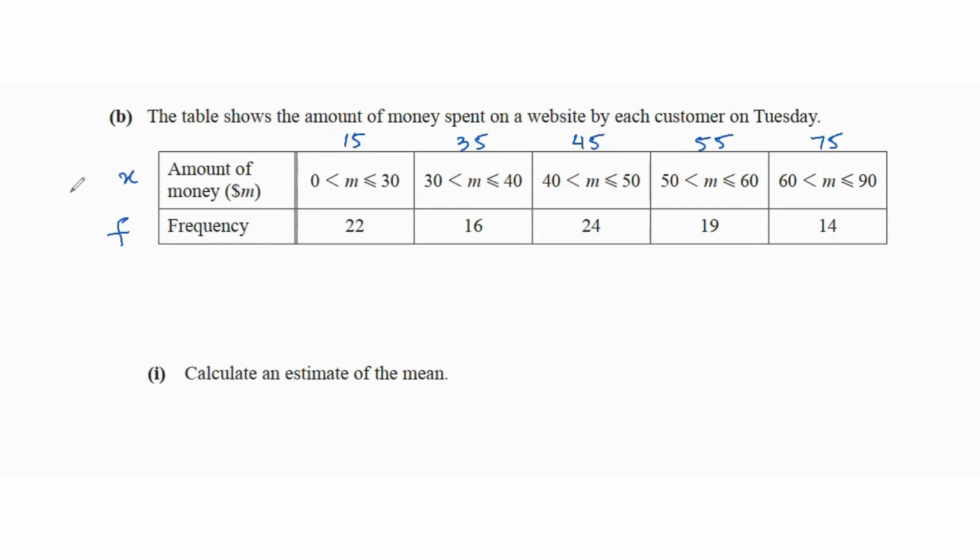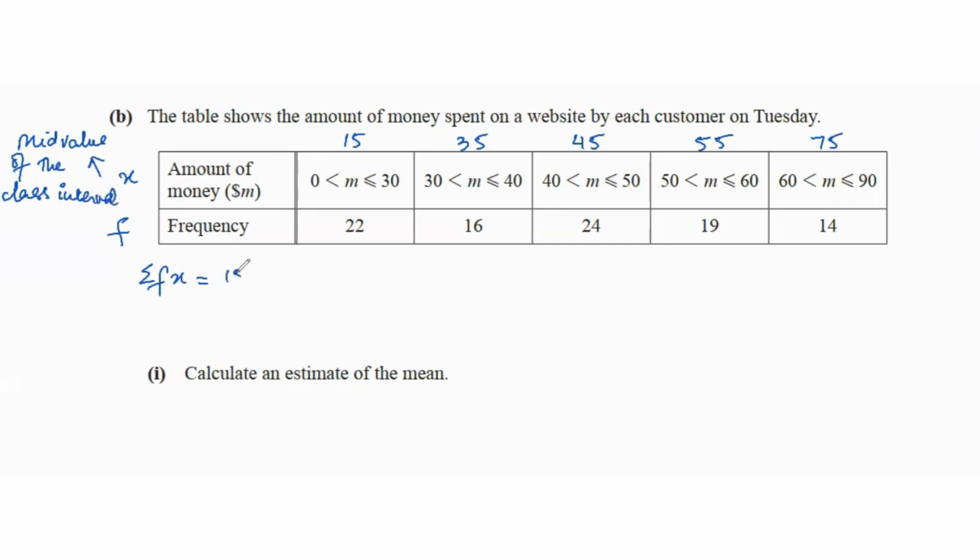So now what we do is we use these X values to find sigma fx. Sigma fx is the sum of the product of frequency and the X value. X is your mid value of the class interval.